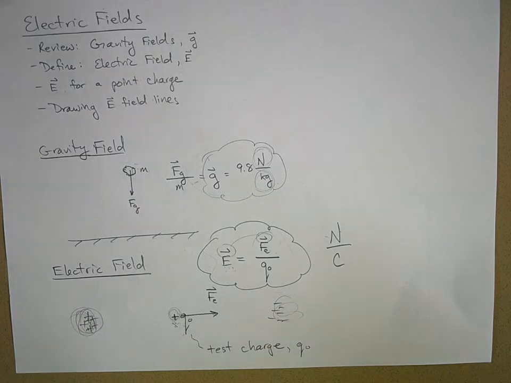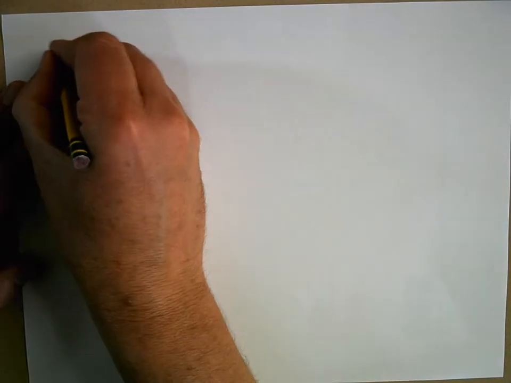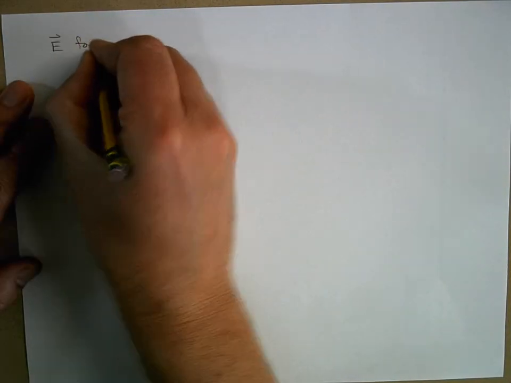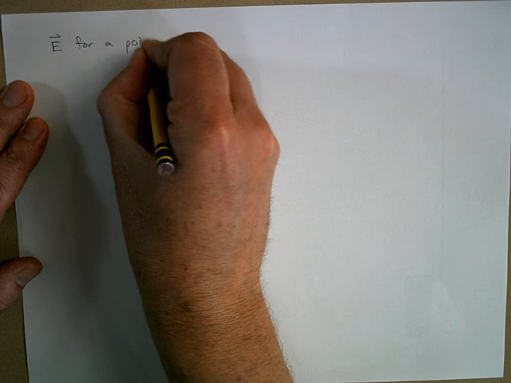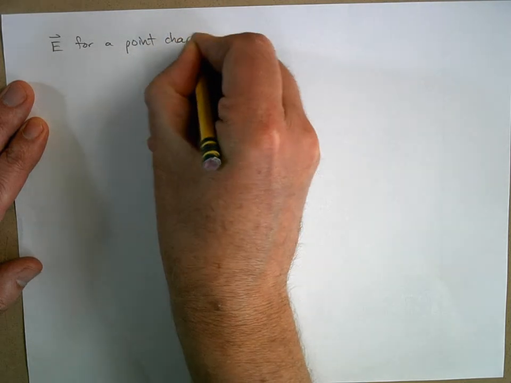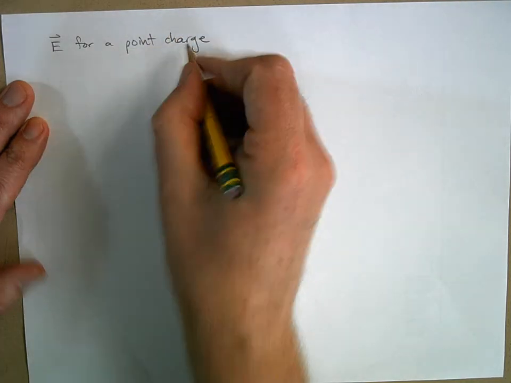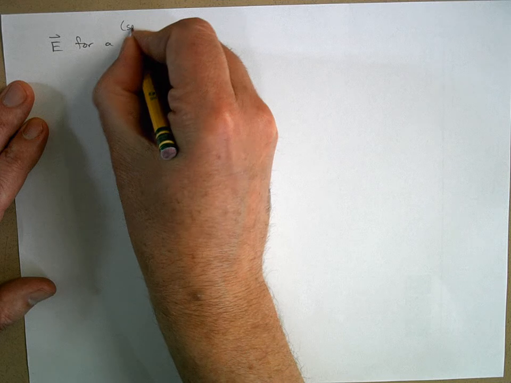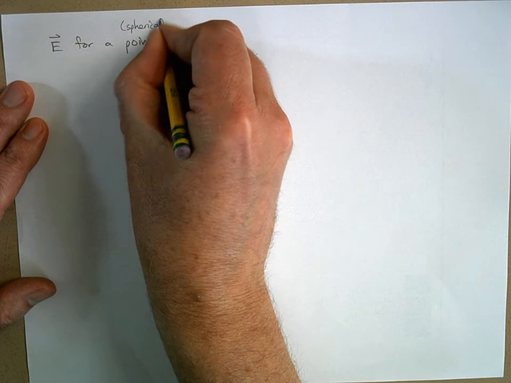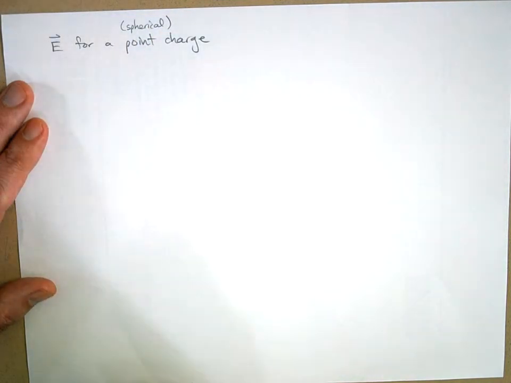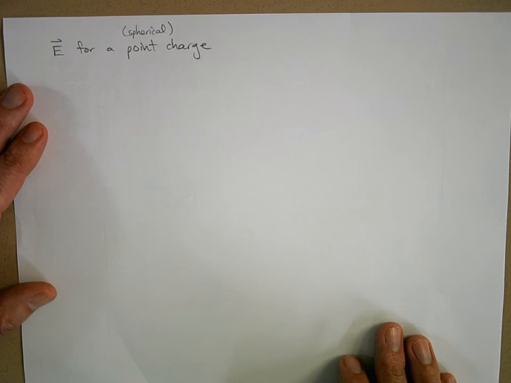Okay. Now let's calculate the electric field around a point charge. So E for a point charge, or sometimes they call it a spherical charge, a charge with a spherical symmetry.